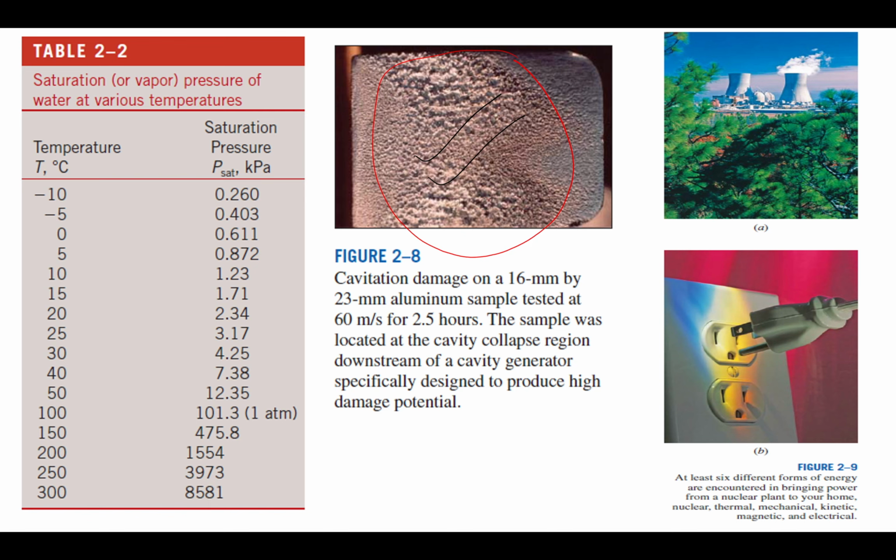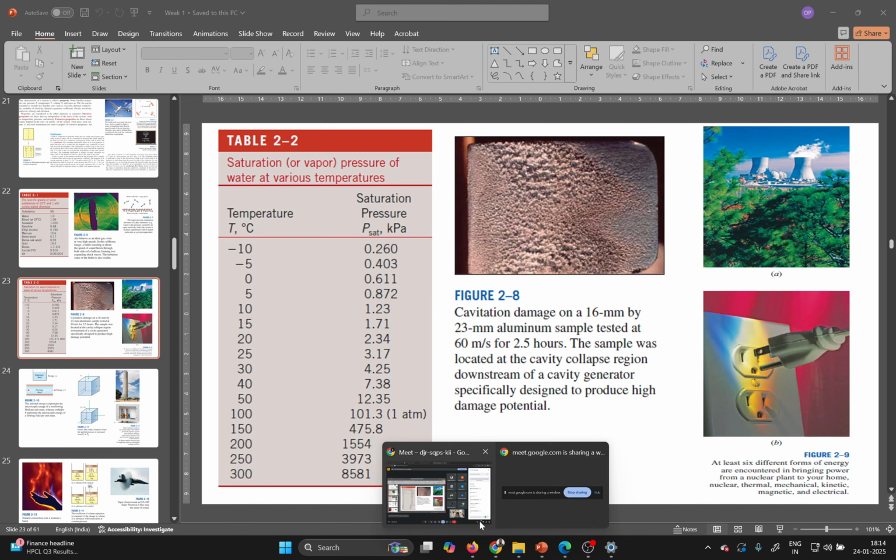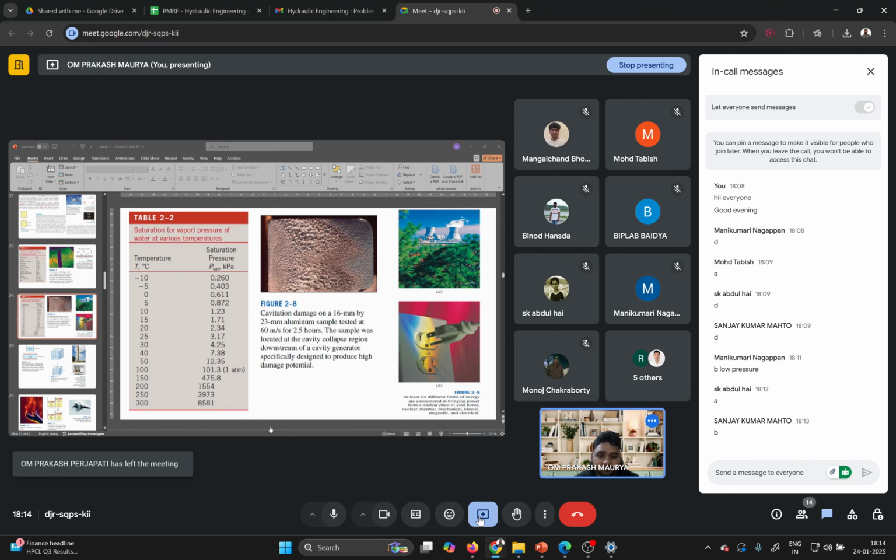Due to the low pressure, bubbles form, and then at high pressure the bubbles burst. Due to the burst action, if the fluid is flowing in a pipe, the surface of the pipe will get damaged like that. Remember, please. Now we'll continue with the questions.